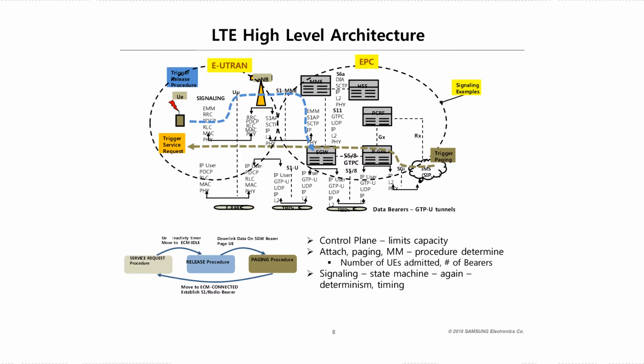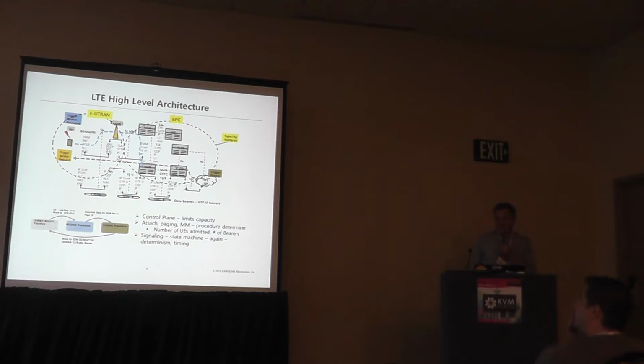Okay, LTE. So this is like one slide, and it's difficult to explain LTE in a single slide. But really, it comes down to several things. You first of all have the control plane and the data plane, and you could look at the control plane just like a normal switch where you're configuring routes, and then the data plane is pretty much like the switching portion of it.